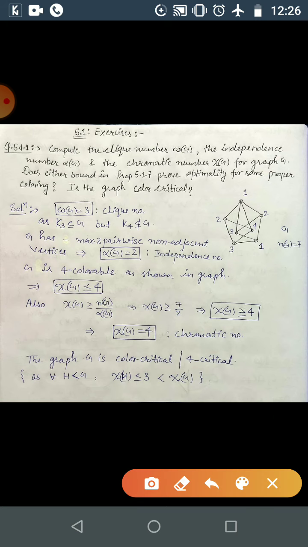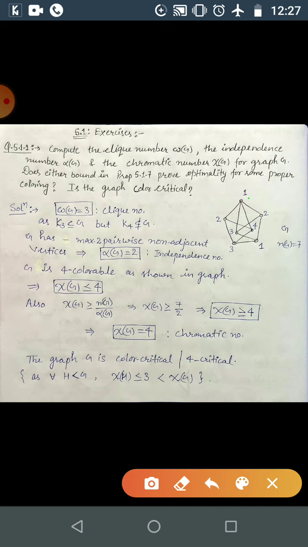This graph is color critical because for every subgraph the chromatic number is less than or equal to 3, which is strictly less than 4, correct. So this is 4-critical. A graph is k-critical if its chromatic number is k and all proper subgraphs have smaller chromatic number. So you can take all the proper subgraphs.